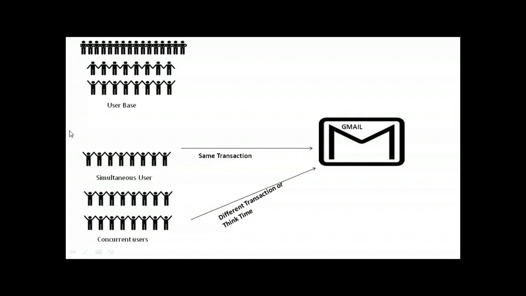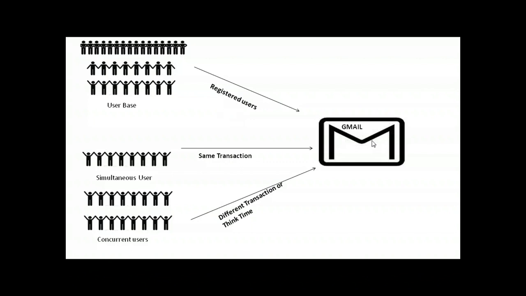So always remember that simultaneous users are a subset of the concurrent users. Finally, the user base is all the registered users who have the potential to use the Gmail application.